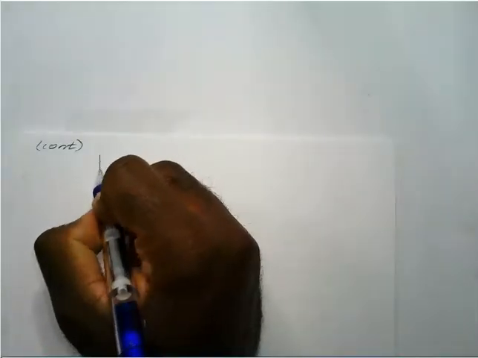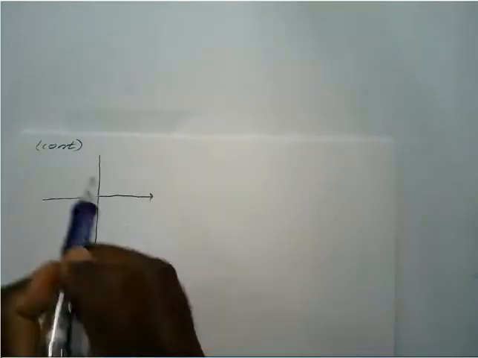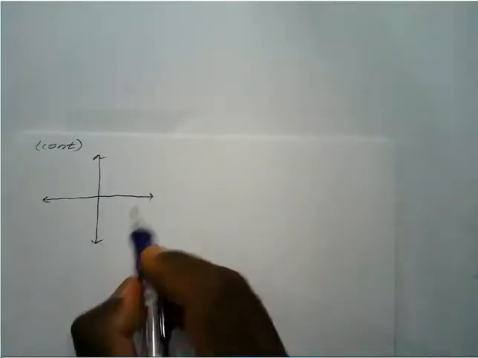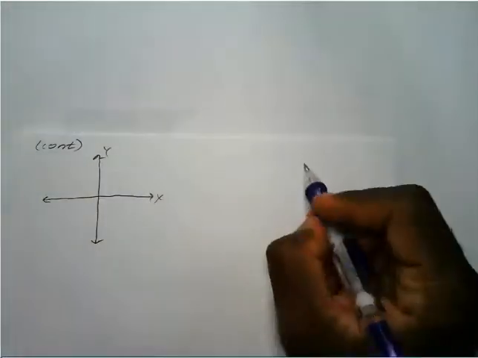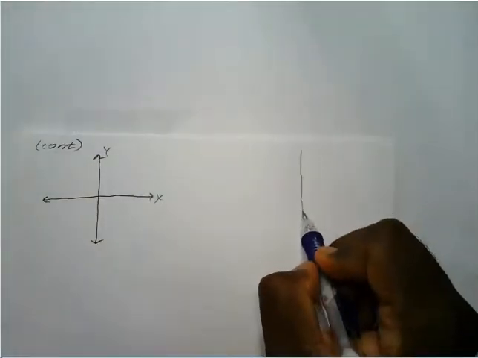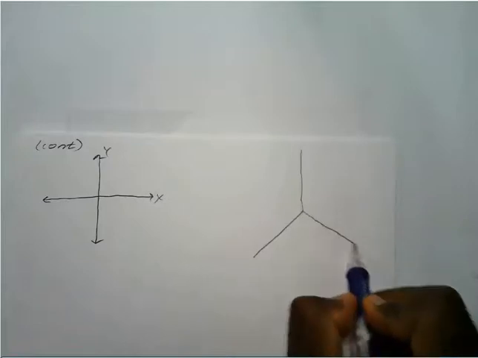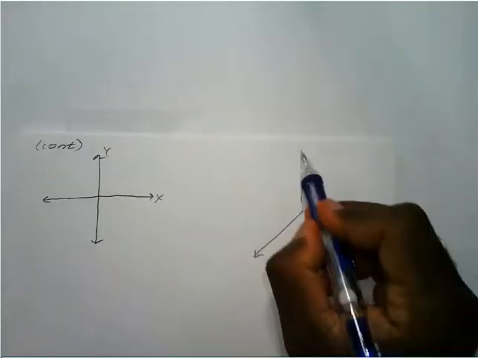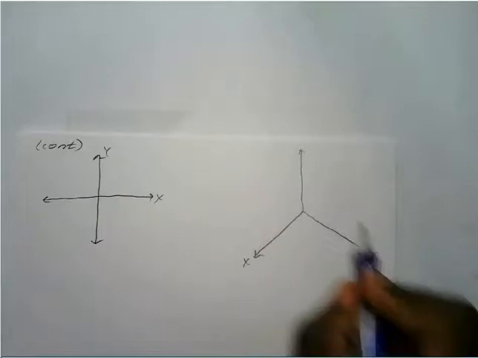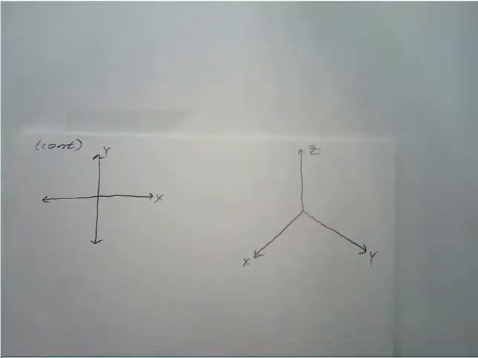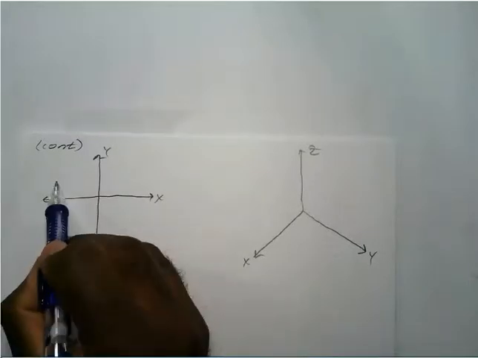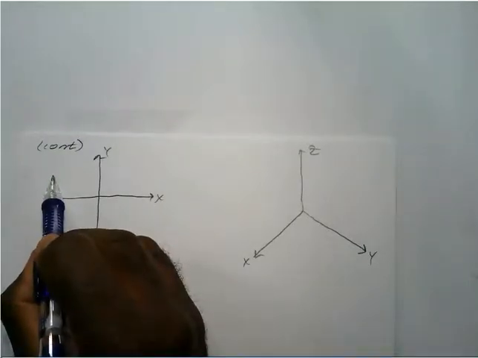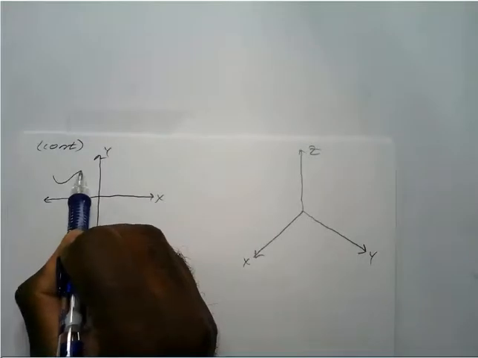To give you a visual description, let's say we draw our two-dimensional XY axis, we have our X and we have our Y, and we draw our three-dimensional axis. So we have our X, our Y, and our Z right up top. What if we had a curve that looks like this?